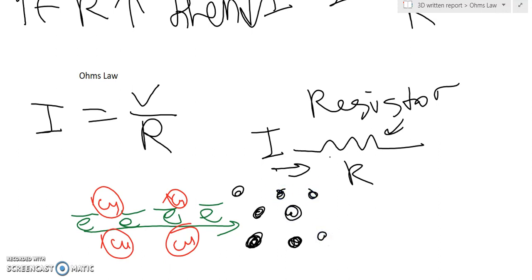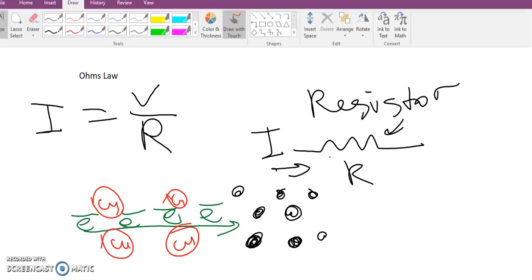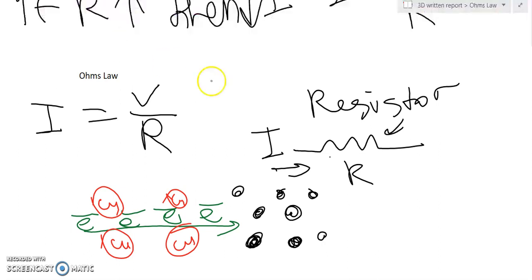Well, remember what I showed you last time. My electrons are going to start bouncing inside that material. They're going to bounce off one atom, and they're going to bounce off the other, then the third one. Eventually, they will get through, but as they bounce inside that resistor, they are going to lose energy.